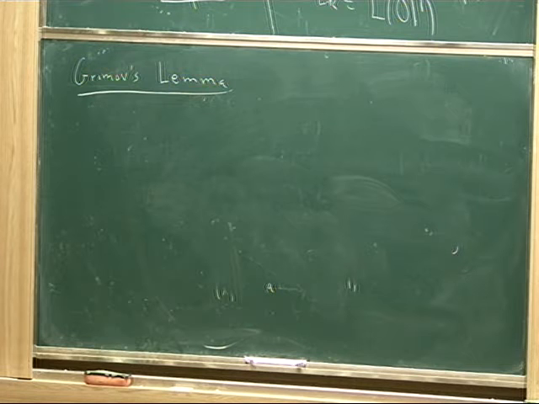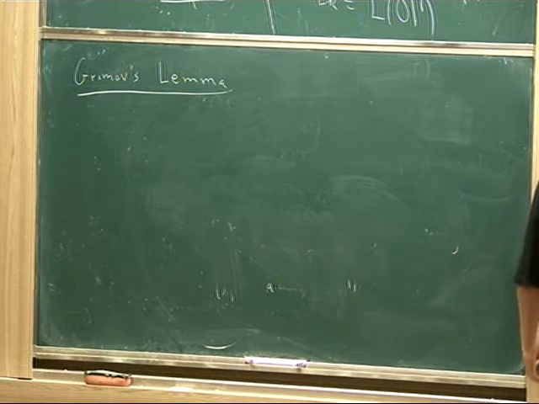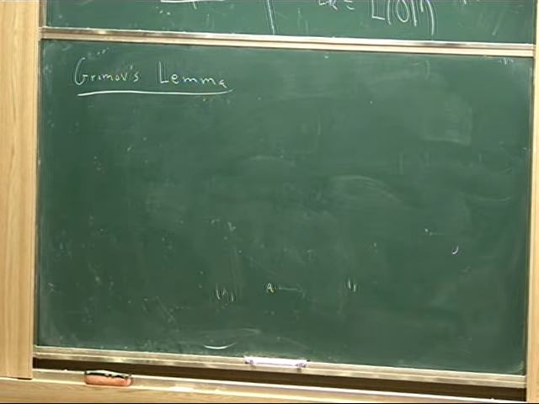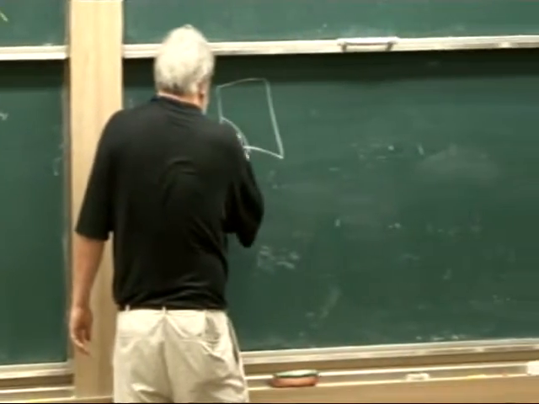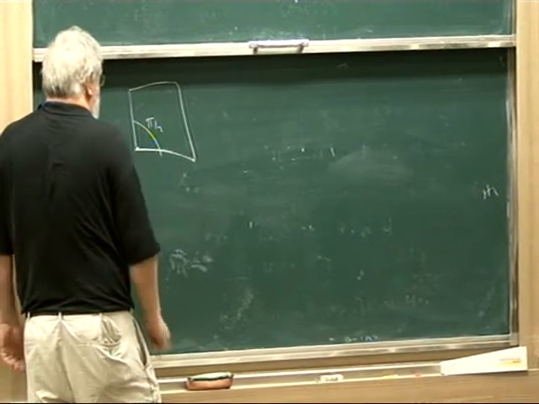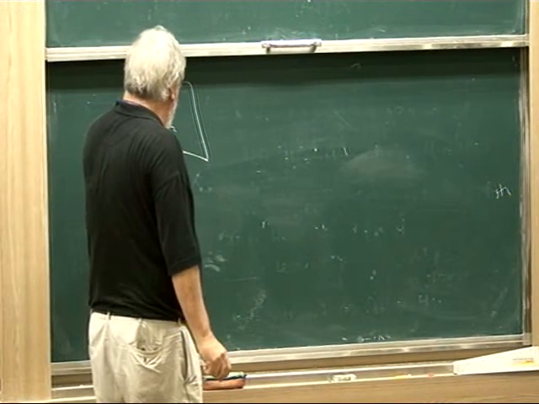So if I have a cubical complex, the good thing is that the link of a vertex in a cubical complex is a simplicial complex, and in fact a very nice one. The link of a vertex in a square is an arc.